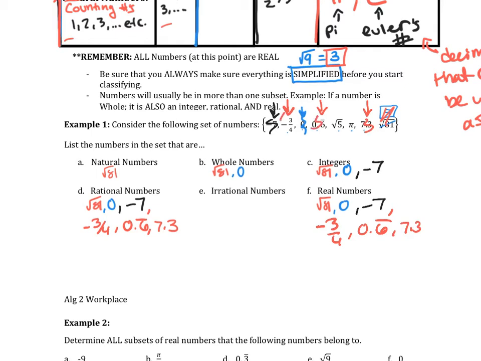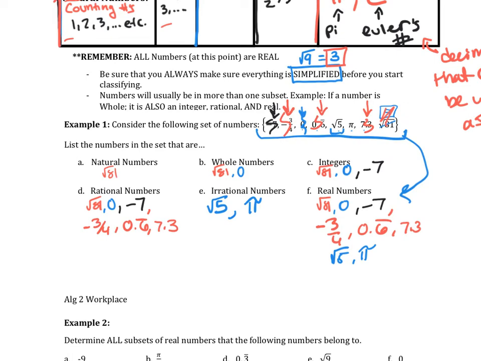So we're done with those. And then we're just left with our irrational numbers, which are square root of 5, a square root we don't know, and pi. And if a number is irrational, it's also real. Every single number is real. So right from the beginning, if you want to just copy all your numbers into real, you can, because every number is going to be real.